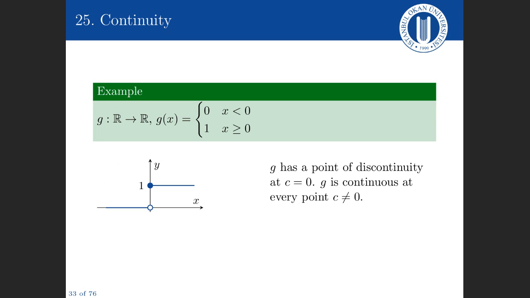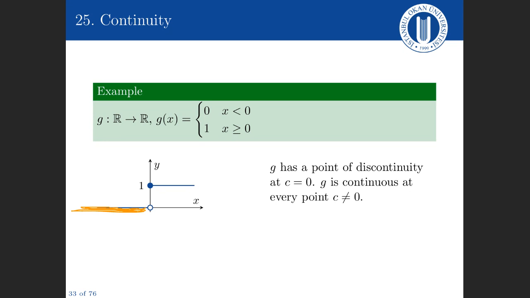The function g, which is defined for all real numbers, g is equal to 0 for negative x, g is equal to 1 for non-negative x. Where is this function continuous? Where is it not continuous? Between -infinity and 0, I could draw this in one go.